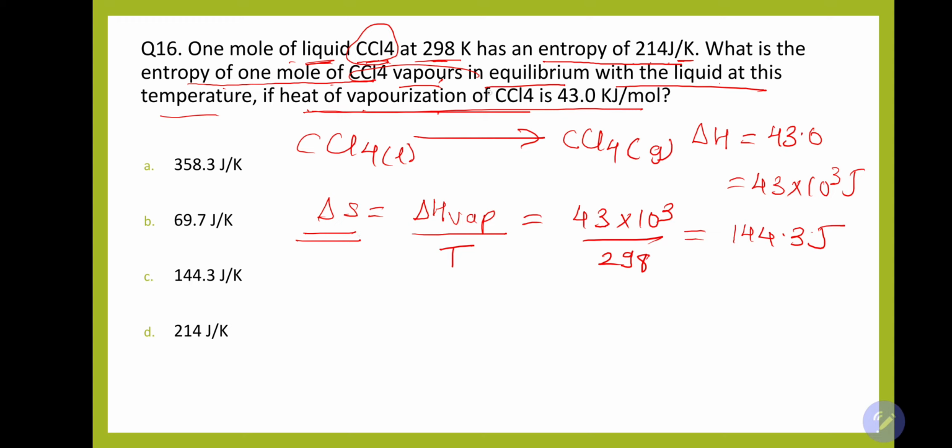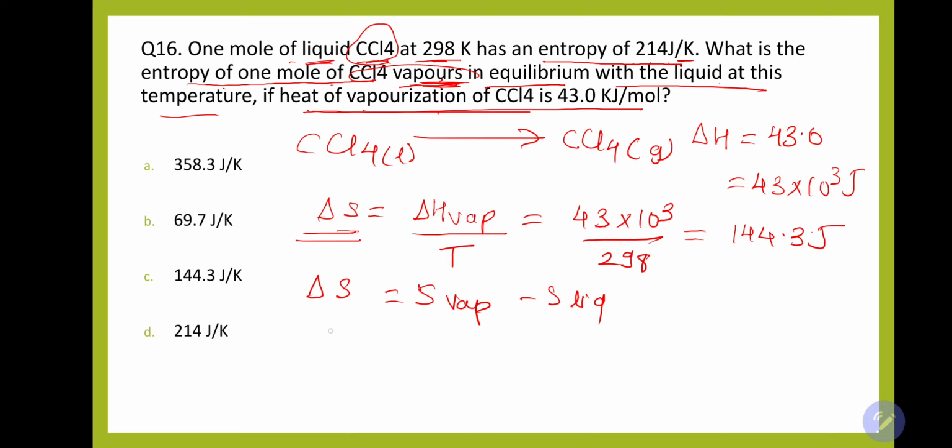Okay, now we have the value of entropy change, but we have to find the entropy of vapors. So what is the equation now? There is one more formula: delta S is S of vapor minus S of liquid.